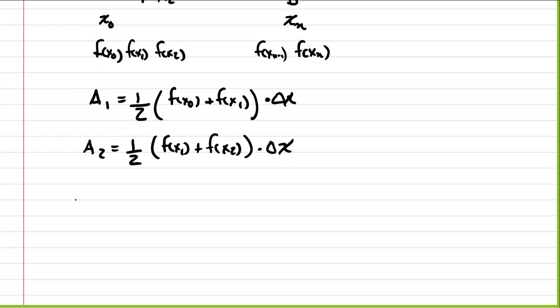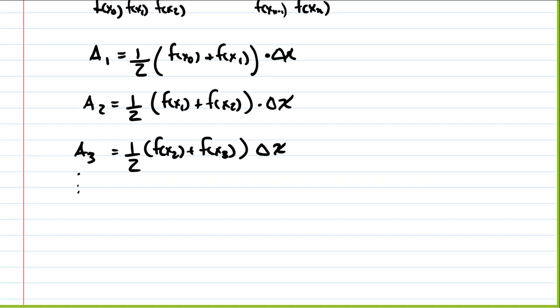What would A3 be? Well, 1/2 f of x2 plus f of x3 times delta x. And I could keep going. So finally, A sub n minus 1 is going to be 1/2 f of x sub n minus 2 plus f of x sub n minus 1 times delta x.